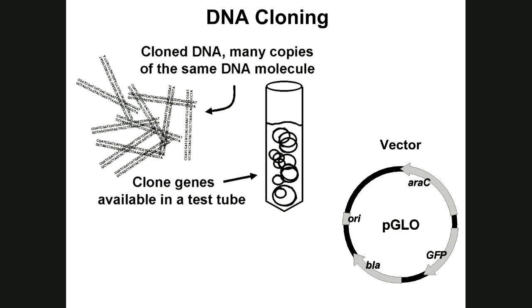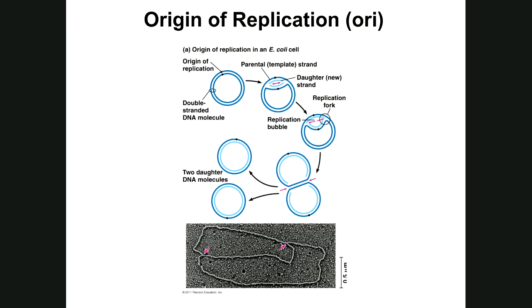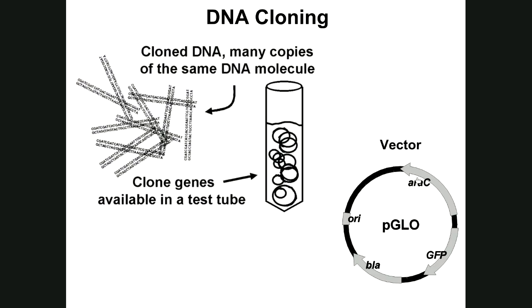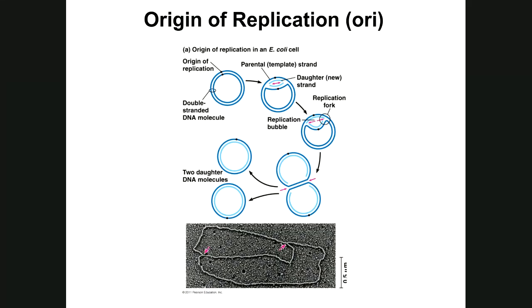Now times have changed. You don't have to use bacterial cells. But as I said, the cloning vectors that we would use to make copies of our DNA of interest had to have an origin of replication. Now, what I didn't mention is that the cloning vector has to be circular because we were using bacteria to perform the actual cloning process, making copies of the vector, therefore making copies of our DNA of interest, which was part of the vector.